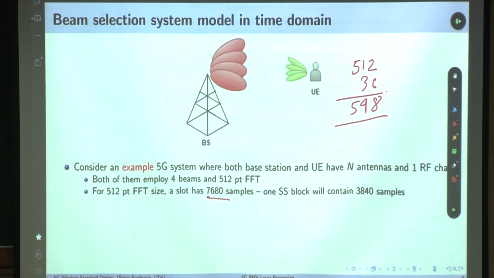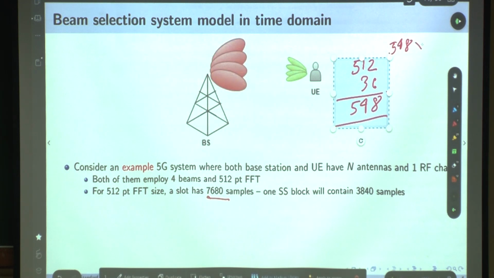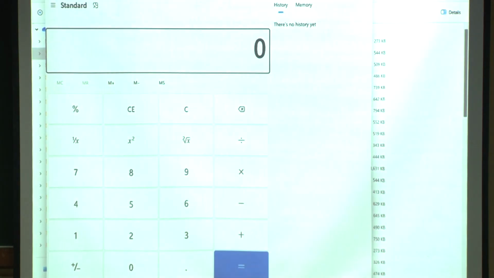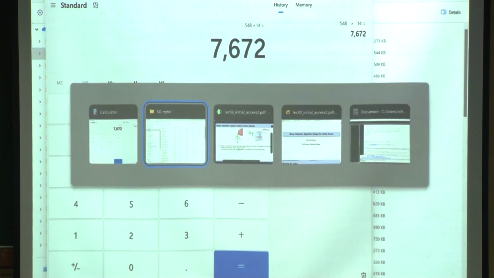So 548 into 14, plus the first symbol will have additional 8 samples. That's what makes it 7680.